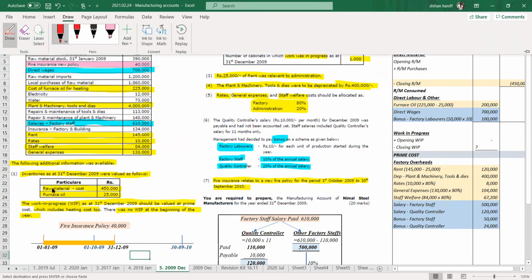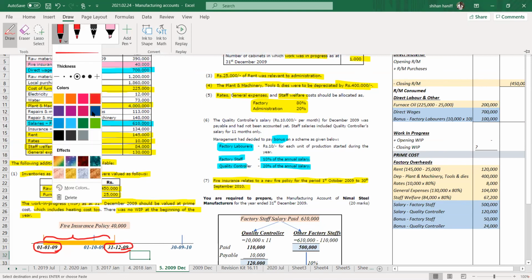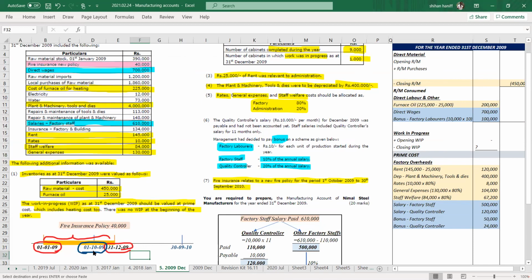So our financial year starts from 1st of January 2009, year end is 31st December 2009. This is our financial year, 12 months. When the fire insurance policy was obtained, the period is 1st October 2009 to 30th September 2010.